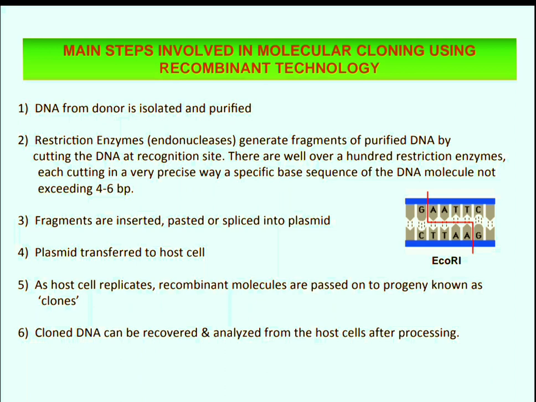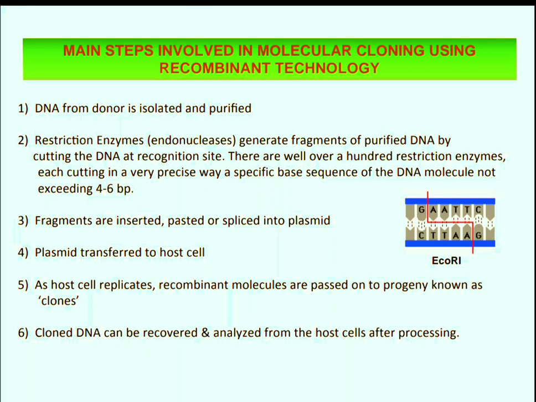There are over 100 restriction enzymes, each cutting in a very precise way at a specific base sequence of the DNA molecule, not exceeding 4 to 6 bp. So the restriction endonucleases cut at the specific base sequence of the desired sequence we want.